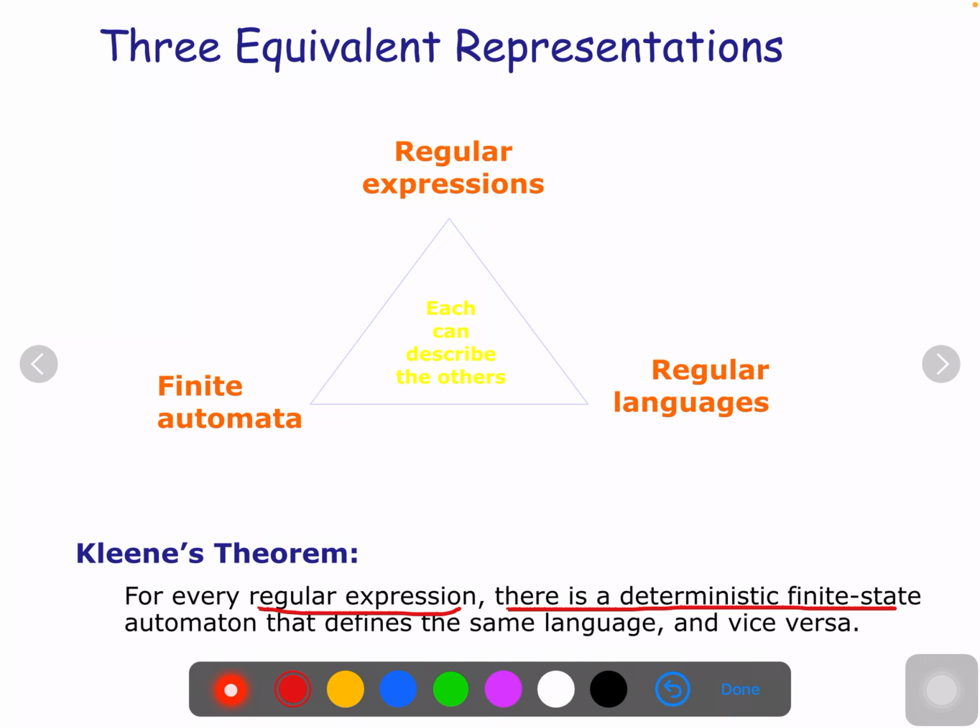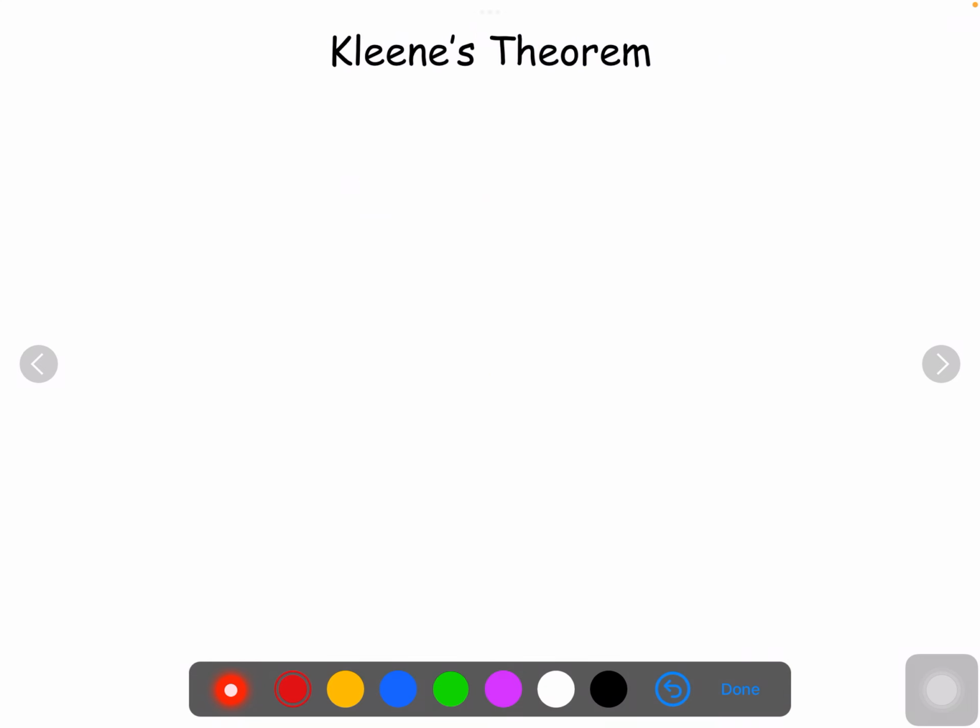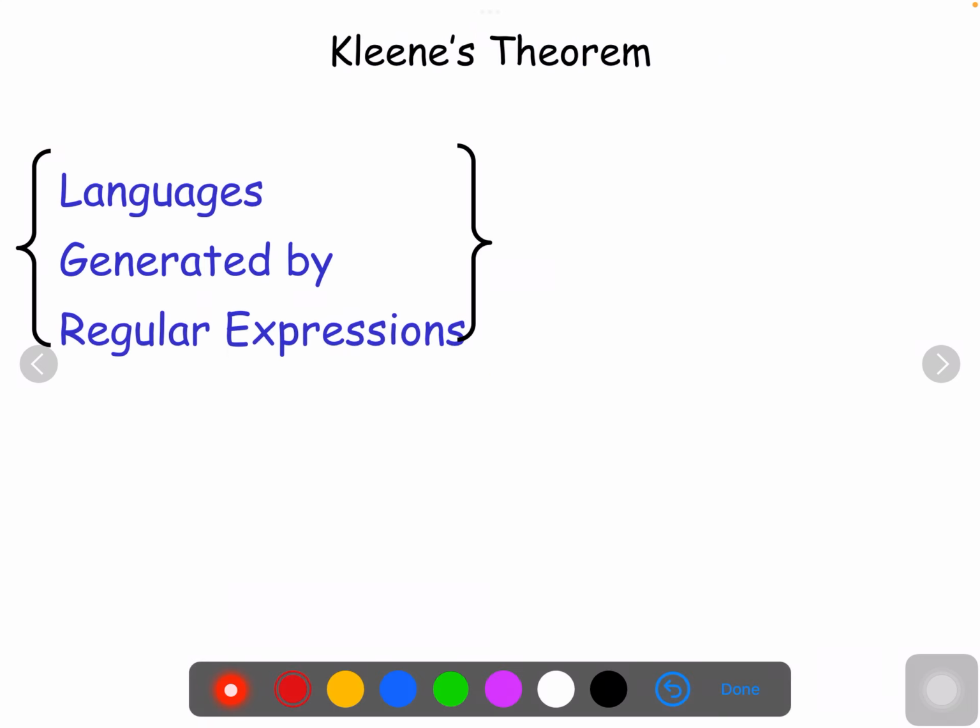Every DFA will have an equivalent regular expression. So how do you construct this? Look at Kleene's theorem.